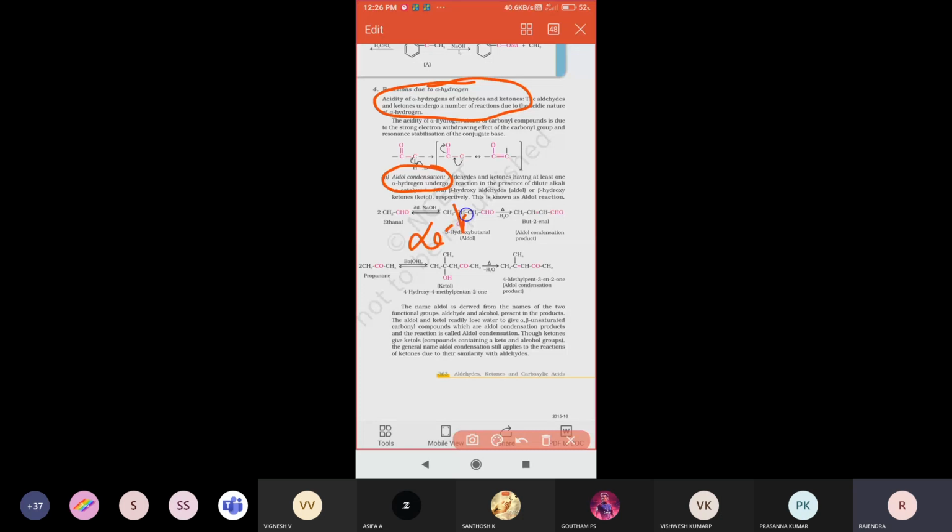If there is no alpha hydrogen atom, this aldol condensation reaction does not take place.